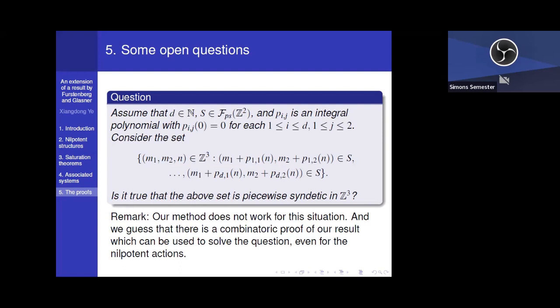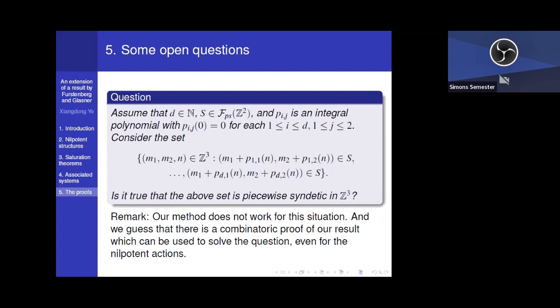So you understand this method doesn't work for the commuting case. The nil factor cannot control the limit behavior. So here, I think you can find a combinatorial proof. In the first theorem, first you have a combinatorial proof, then you have a dynamic one. Now we have a dynamic proof.